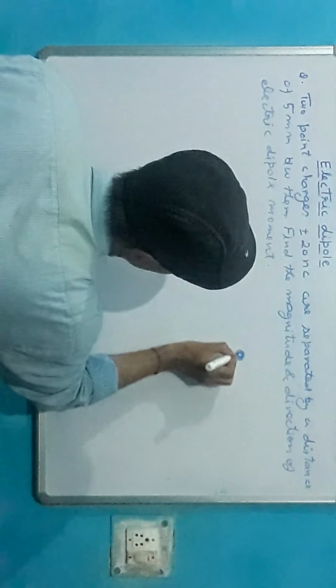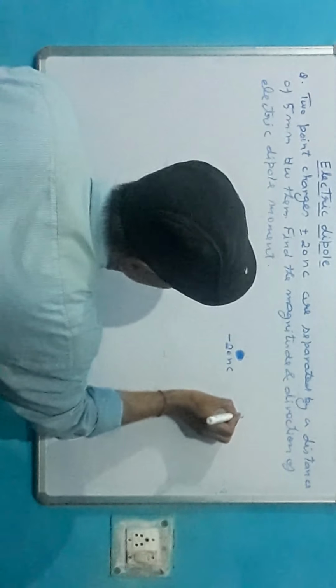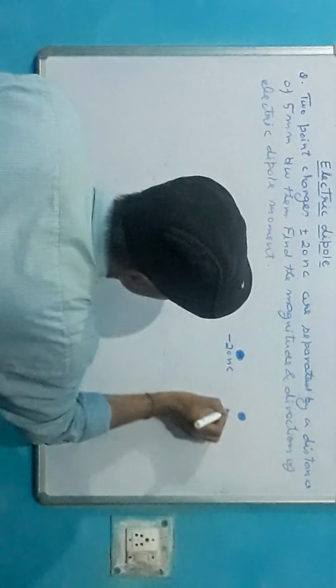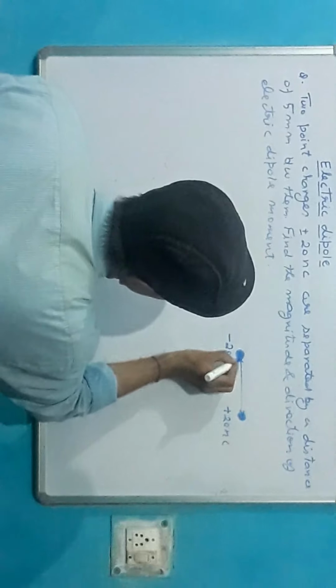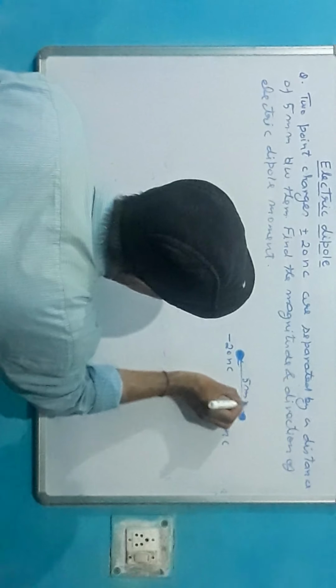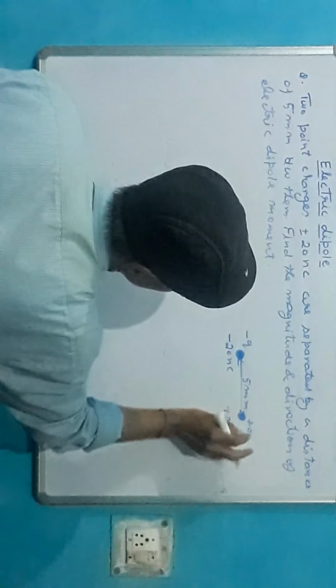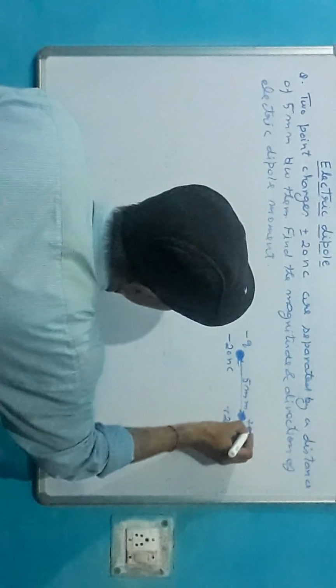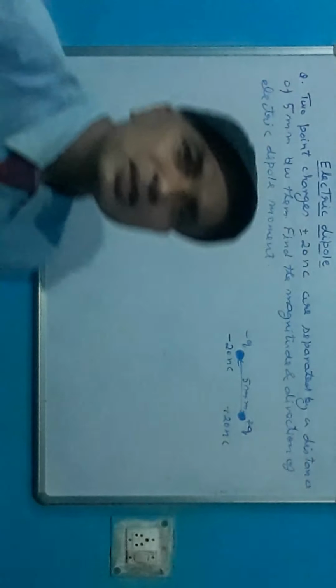Let's see. First of all, you have to make the diagram. Suppose this is the charge minus 20 nanocoulomb. This charge is plus 20 nanocoulomb and the distance between them is 5 millimeter. This is charge minus Q, this is charge plus Q. What do we have to calculate? We have to calculate the electric dipole moment of this electric dipole.